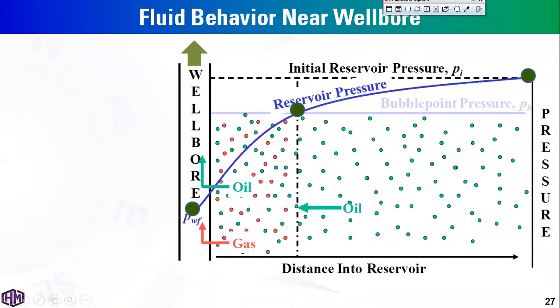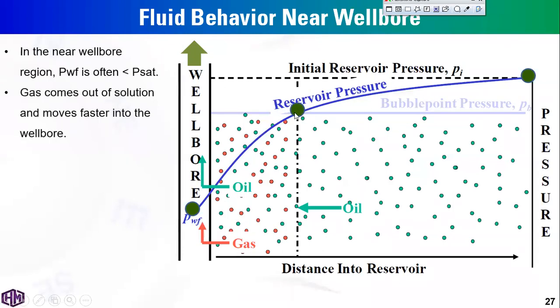For fluid behavior generally, let's say this is the pressure behavior with distance from the wellbore. At pressure higher than the saturation pressure or bubble point pressure, we have single phase liquid or oil. Once the average reservoir pressure is reduced below the bubble point pressure, the solution gas will start to release out of the liquid.